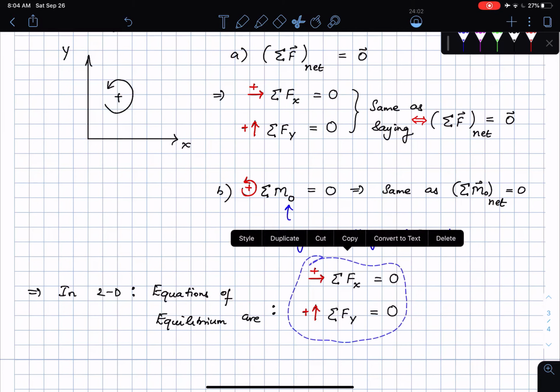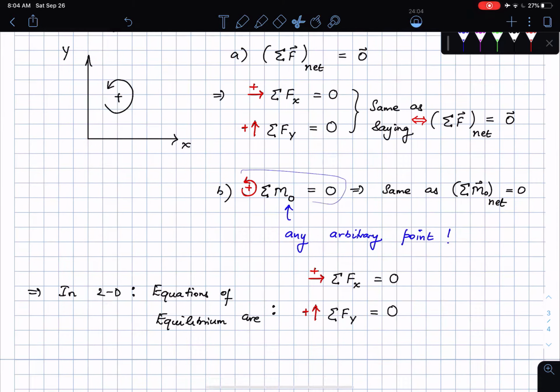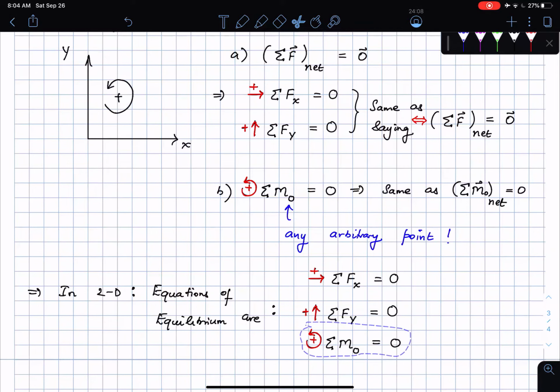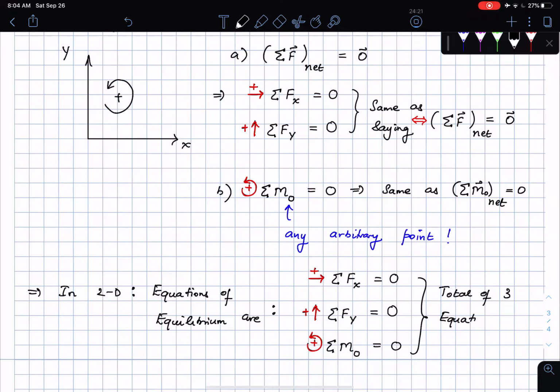Then I'm going to have one more equation coming from here. This implies that there is no rotation of any kind. So I'm going to have a total of 3 equations in 2D problems.